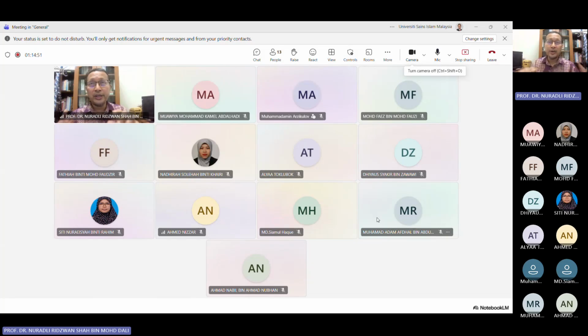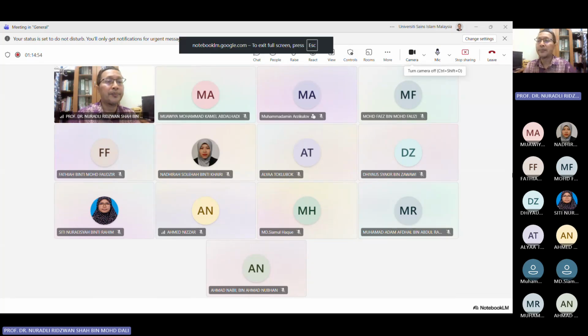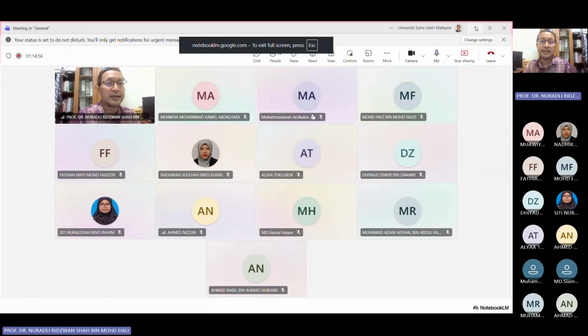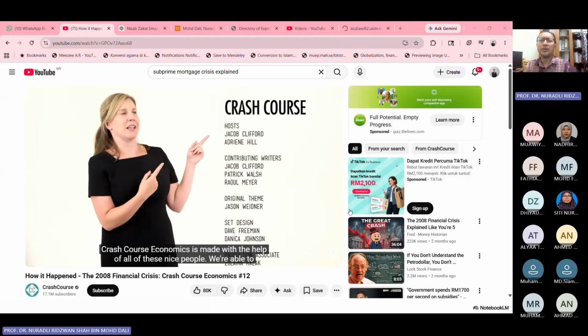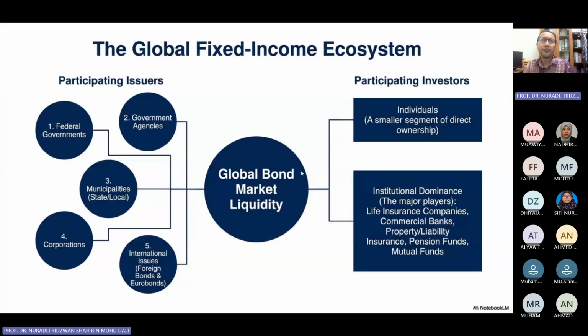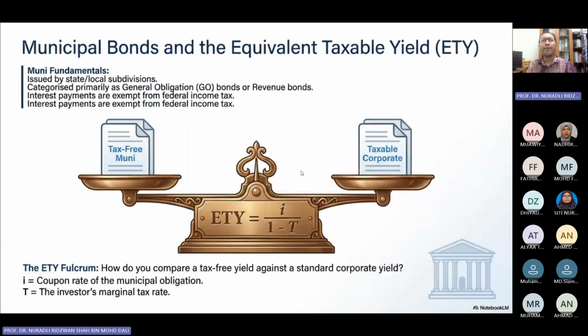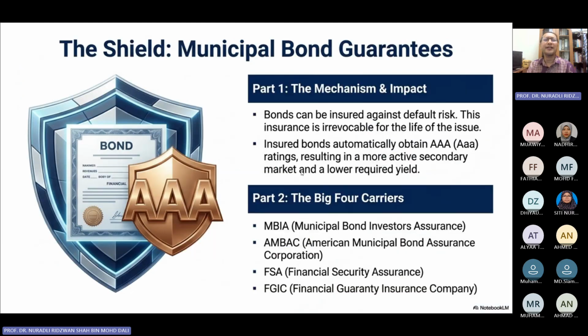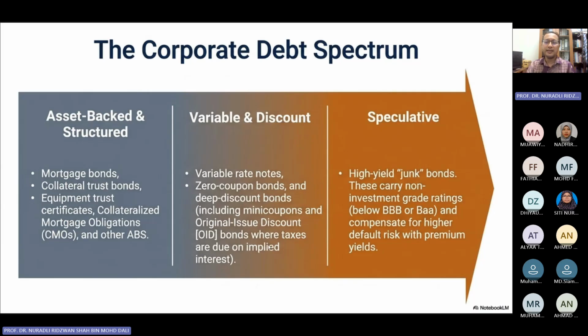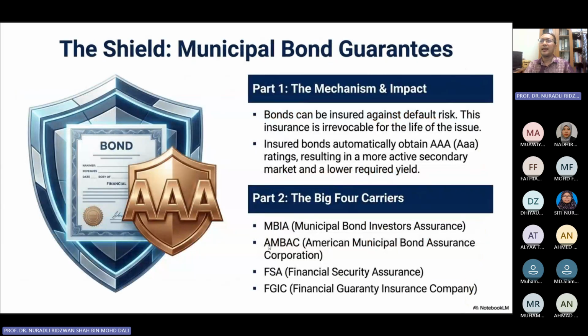One more thing I want to highlight is the rating agency. The rating agency was not sincere. They were giving triple A ratings, but actually it was based on toxic assets.